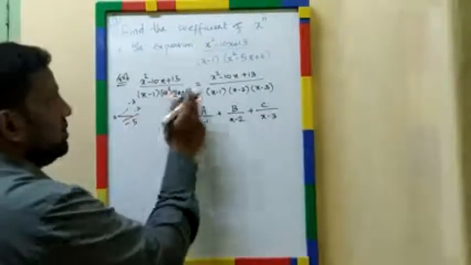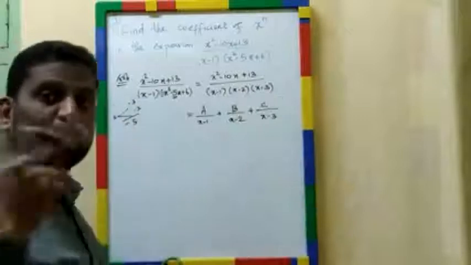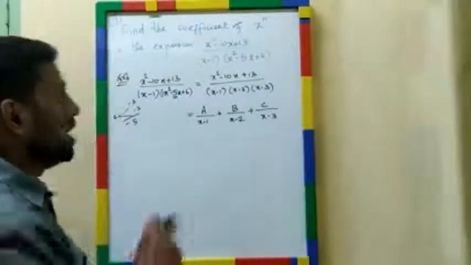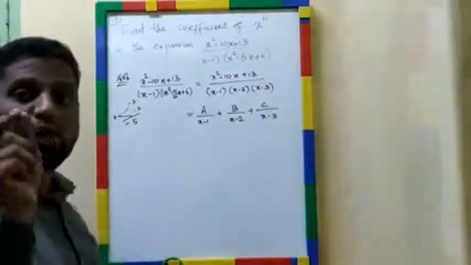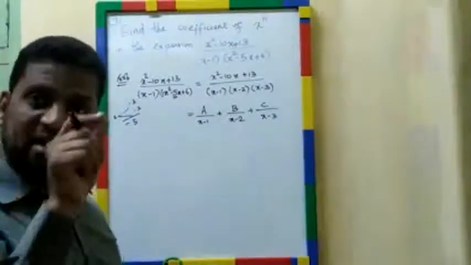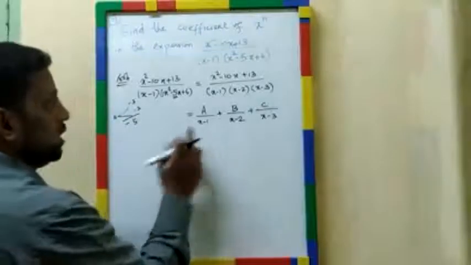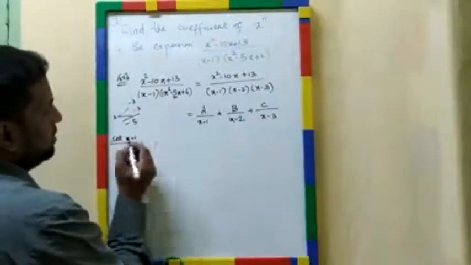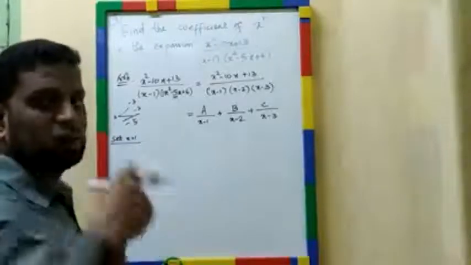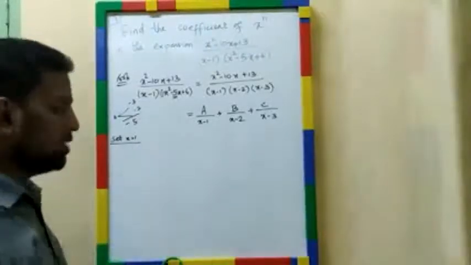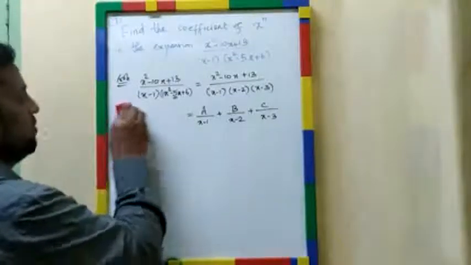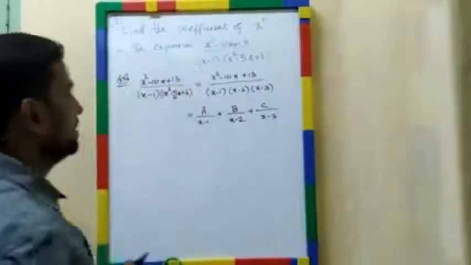If it cannot be split here, then we use the type 2 partial fraction method, which we have already learned. Now from this, you have to find the values of a, b and c. For that, you set x equal to 1, then x equal to 2, then x equal to 3. Before that, you have to simplify into equation form.